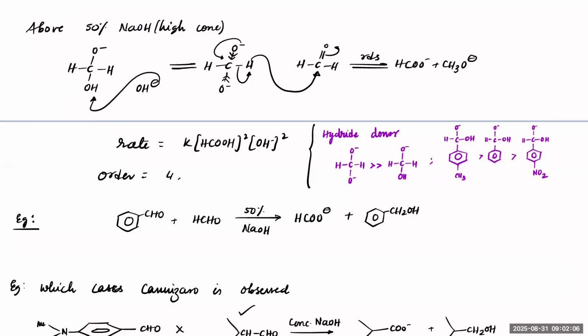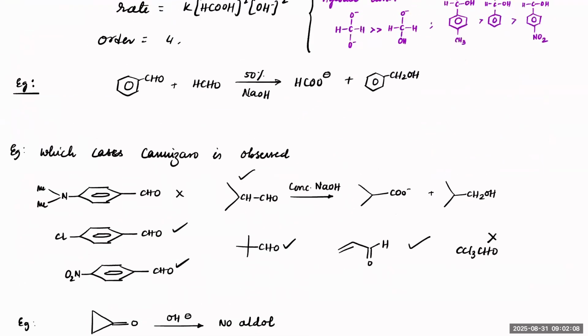Okay. And next, suppose you have a cross Cannizzaro, that means a Cannizzaro which is happening between two different types of aldehydes. In that case, the one which is more reactive, in this case, you know that the reactivity of formaldehyde is more than benzaldehyde, because benzaldehyde is naturally stabilized by resonance. So the reactivity of this aldehyde is less. Here the reactivity is more.